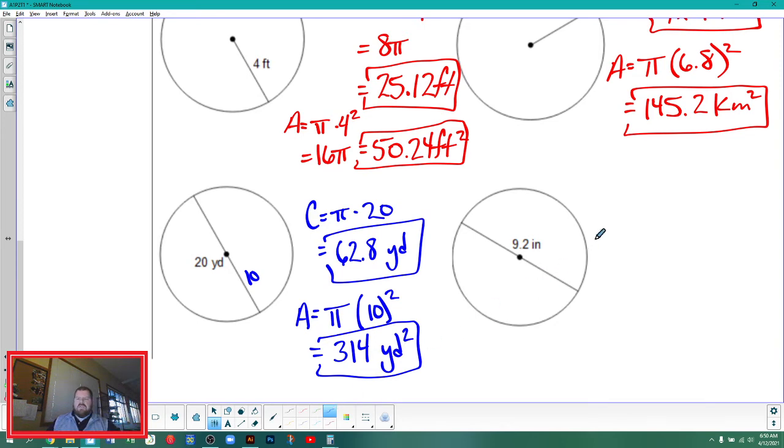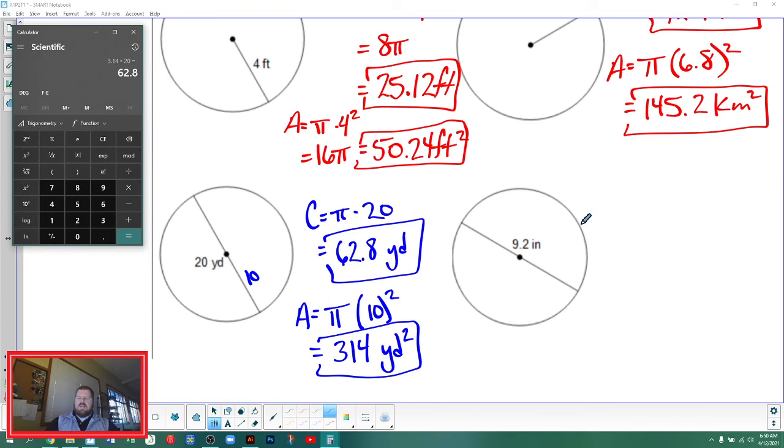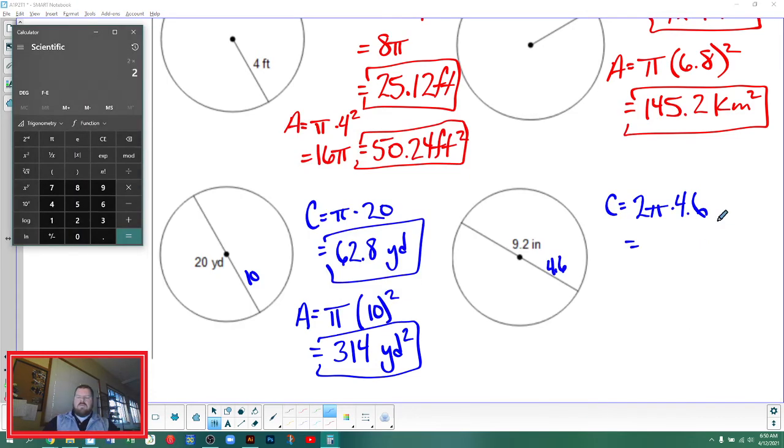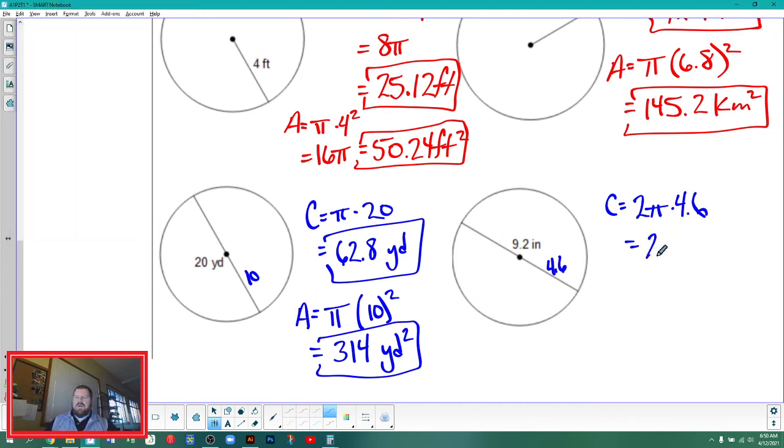Okay, the other thing you can do is cut it in half ahead of time. I can take 9.2 and divide it by 2 to get 4.6. And sometimes that's a little bit easier. So we'll use 2 times pi times 4.6. Let's go 28.9.